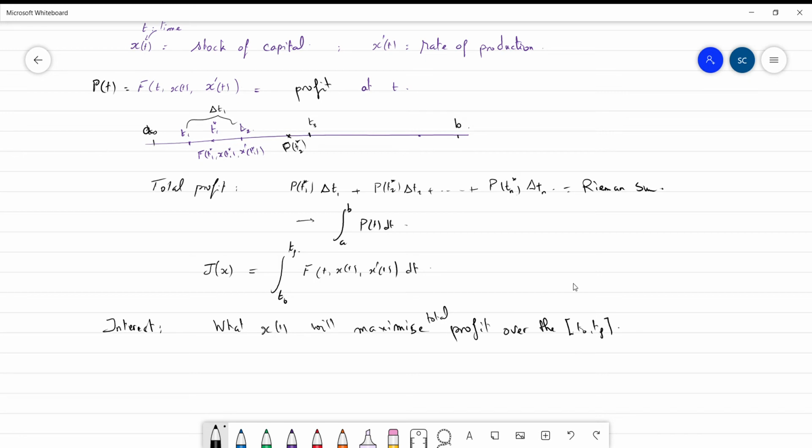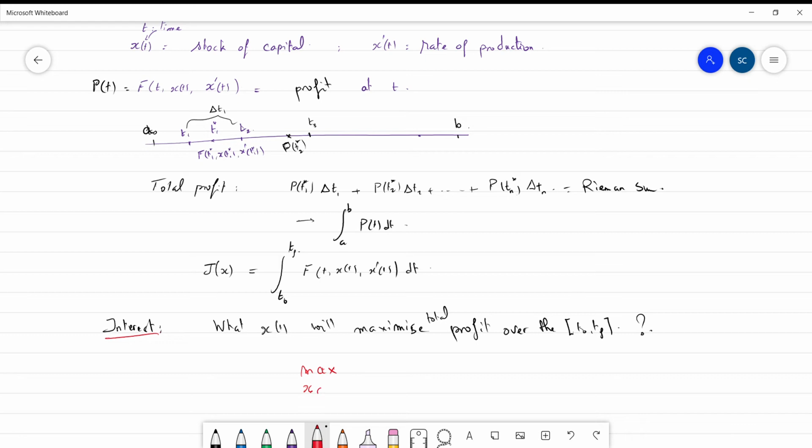You see here, instead of what we were used to studying, where we were considering points in Rn, this time we are looking for a function. So our interest is to find the function x that we choose in a specific space.